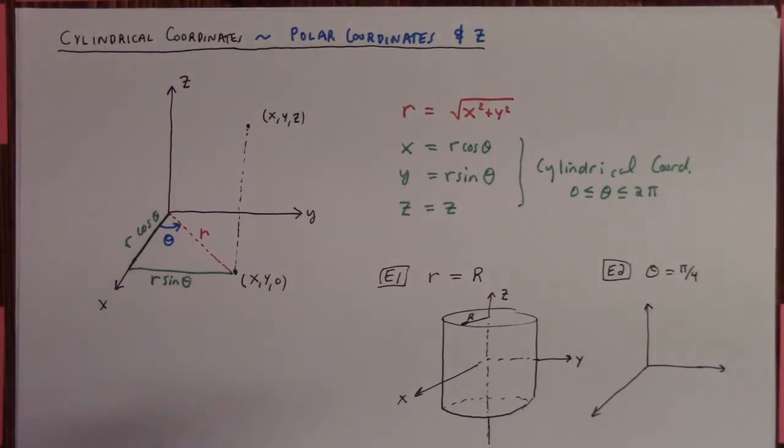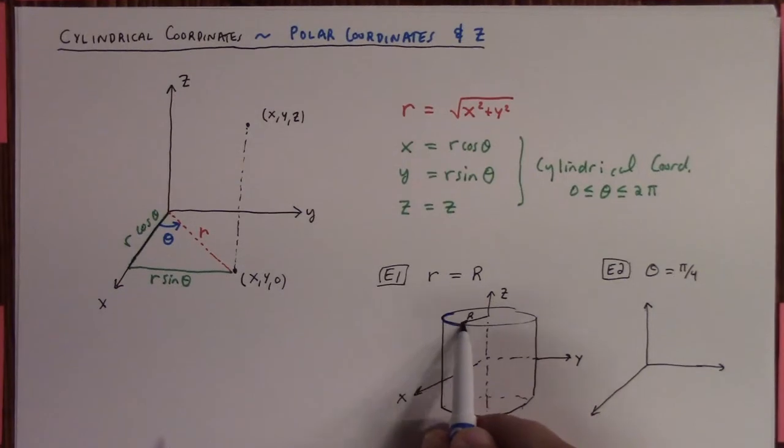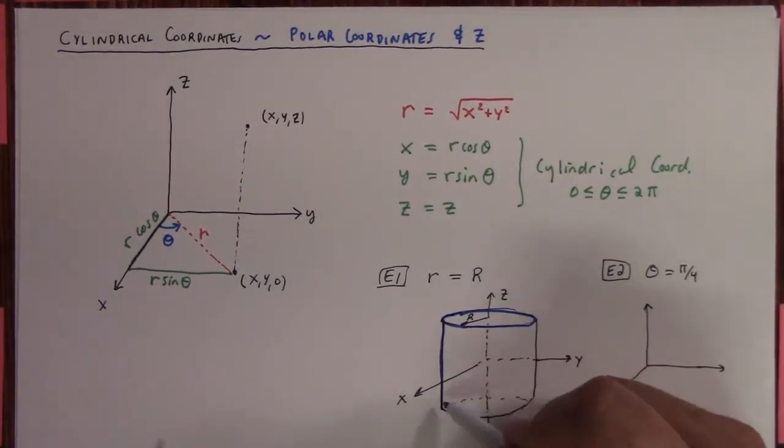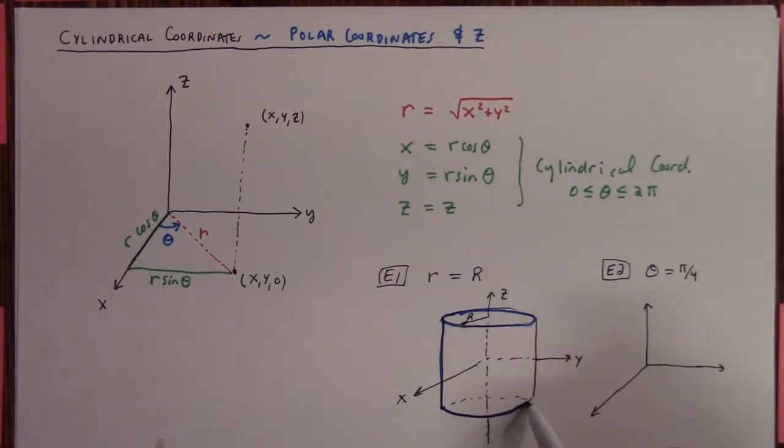So theta equals pi over 4. I guess I should have used some color on this one. So the cylinder is not the solid, right? It's a surface. It's just the collection of points that are distance r from the z-axis.